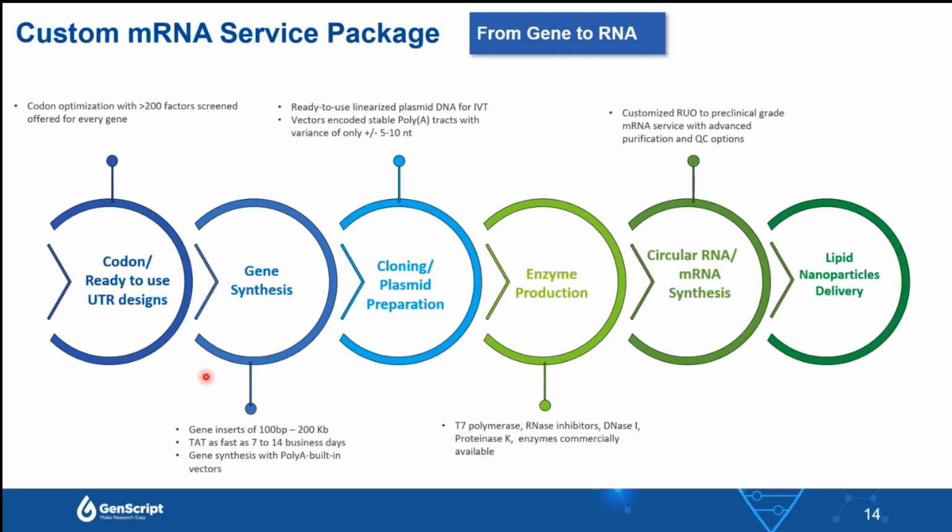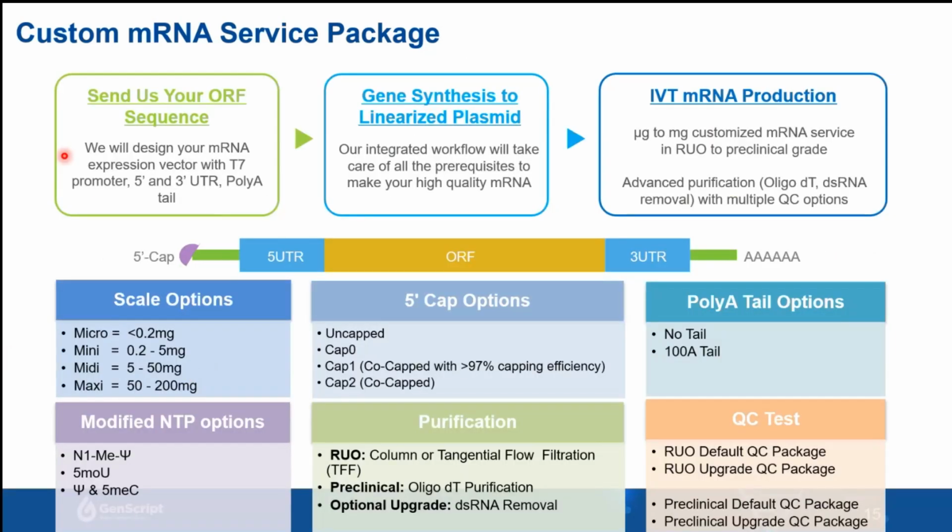So if you just send us your ORF sequence, we will design your mRNA expression vector with all these important elements. And then we will start right away from gene synthesis to linear plasmid, then IVT mRNA production.